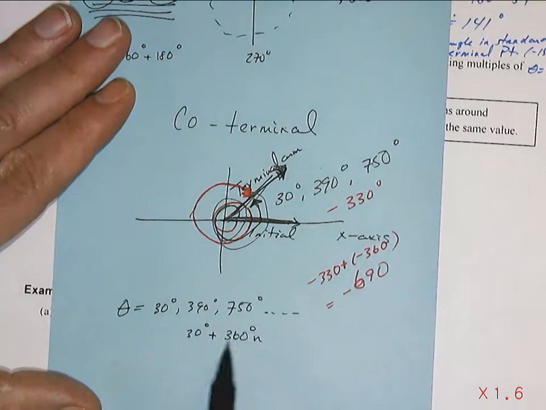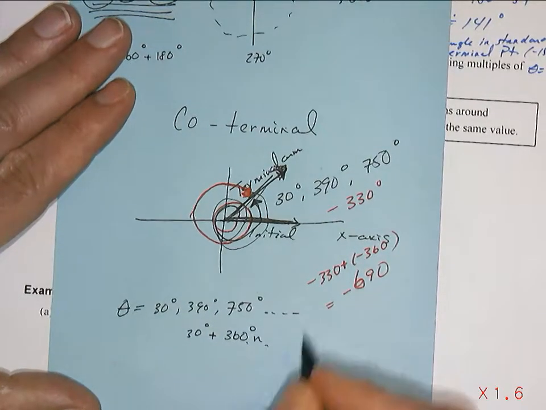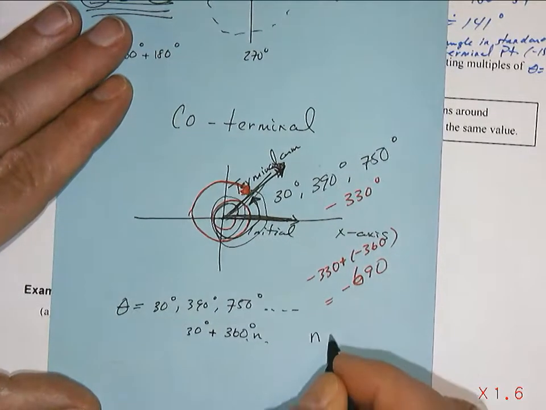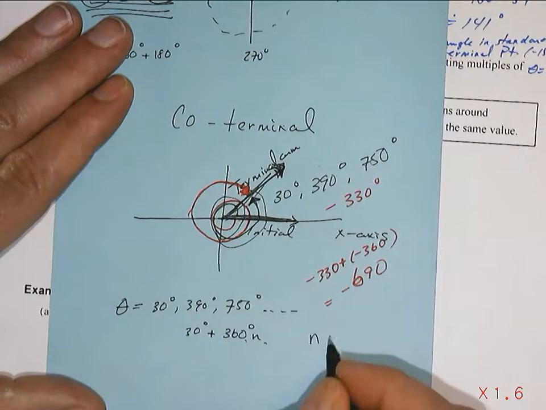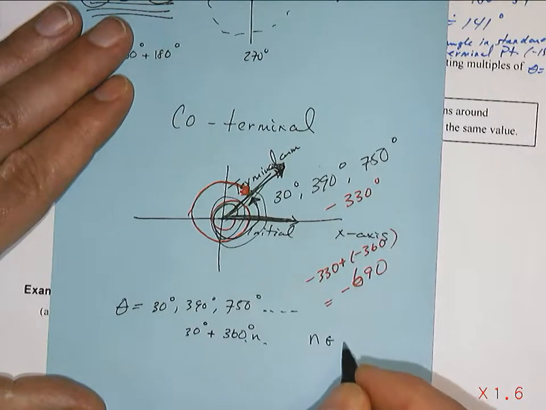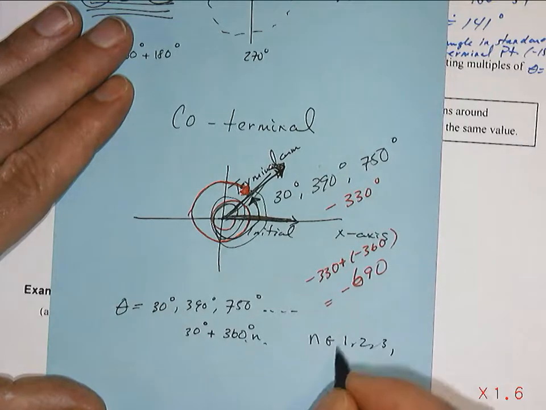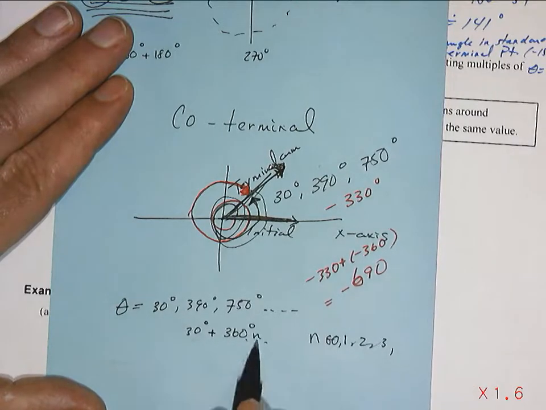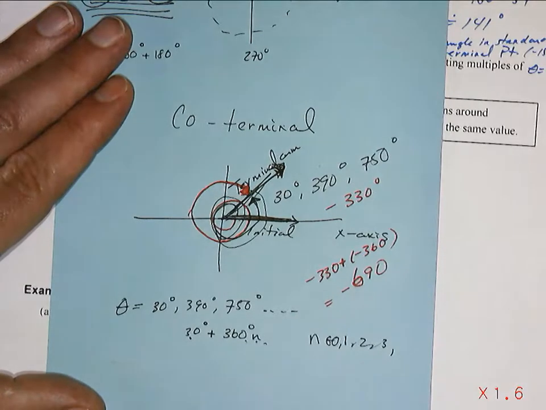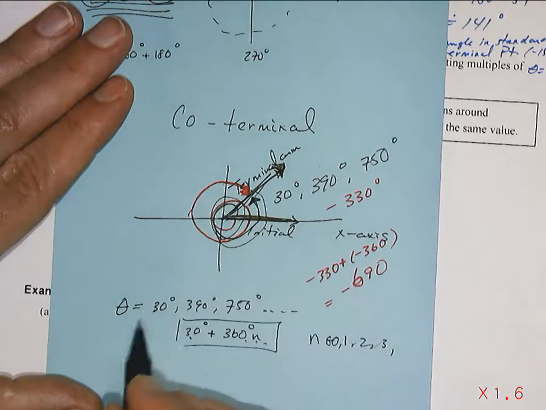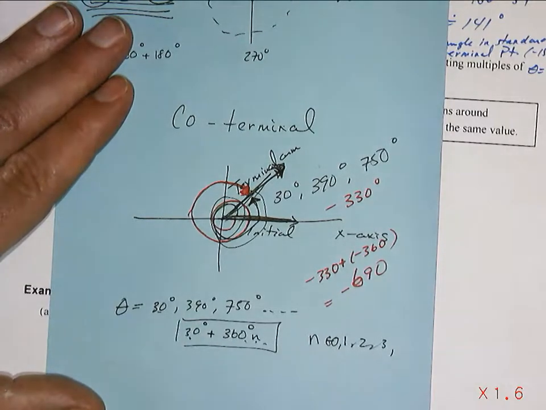So plus 360 degrees n, where n can represent the number of full rotations I want to go through. So we could call that a member of the whole numbers. So we could go 1, 2, 3, or it could even be 0. So we have to take that into account. If n is 0, then it's just the 30. So this is an expression that represents all of these numbers going all the way up.